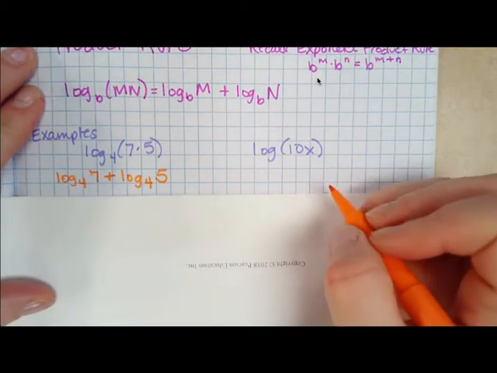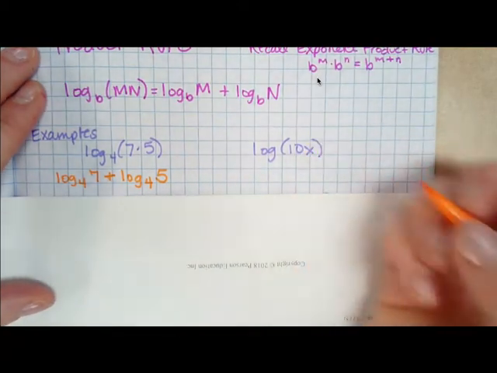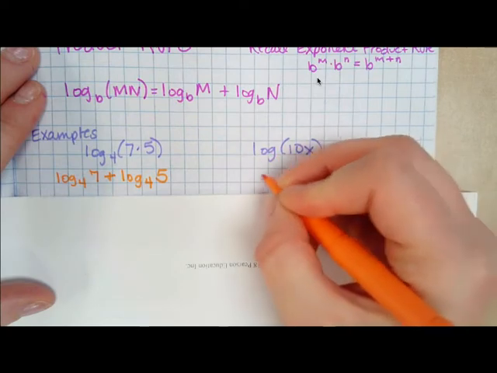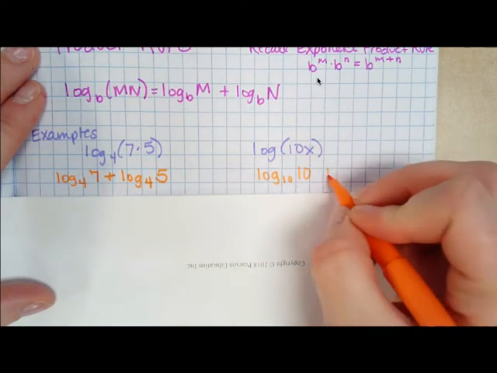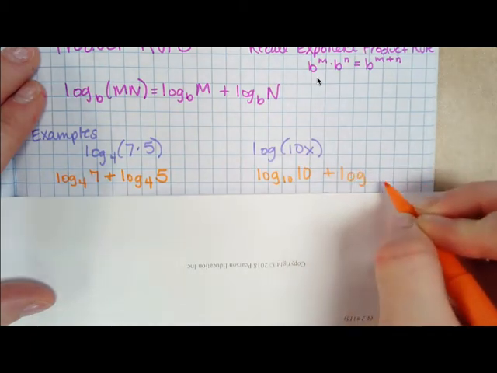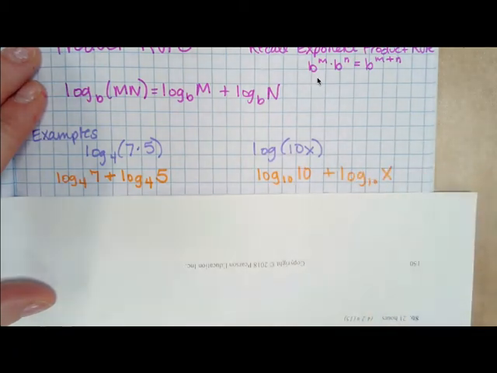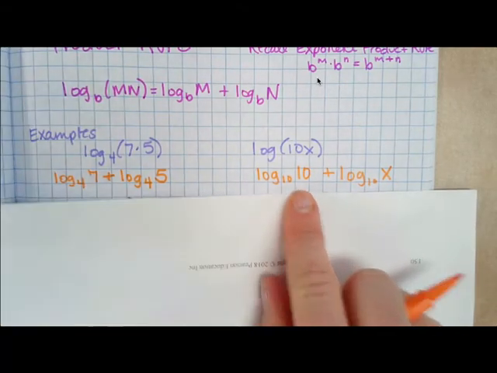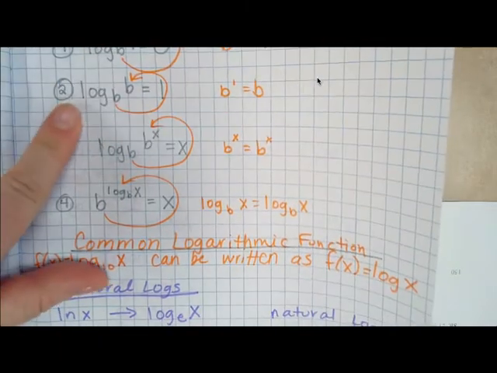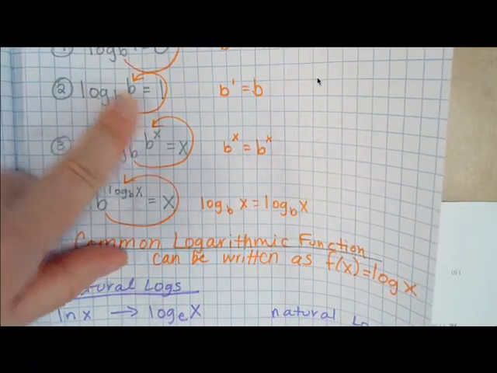And then the next one, log of 10x. So remember that means log base 10 of 10 plus log base 10 of x. If we look back over here, remember log base b of b equals 1.